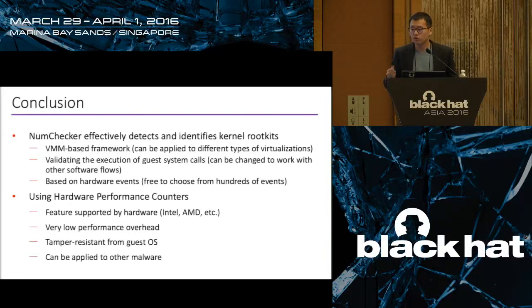Now, the way we select our test program with a fixed argument or a set of arguments to trigger the syscall and event counting is that we analyze the malware behavior, because in the syscall there are certain areas that you really want to modify to hide your process or files or whatever you want to hide, right? As long as the arguments that we selected can cover those flows that the rootkit is trying to change, then the rootkit will get detected. Okay.